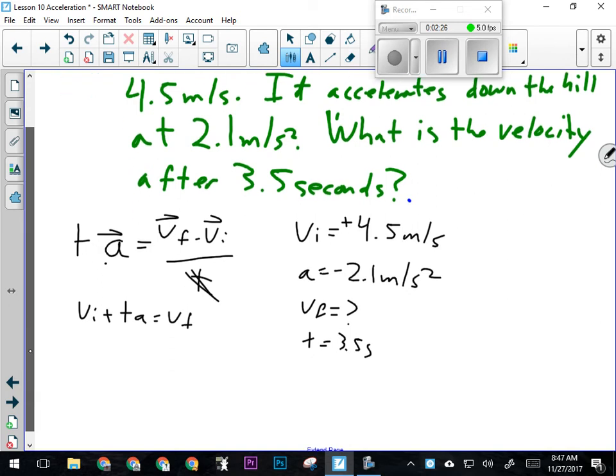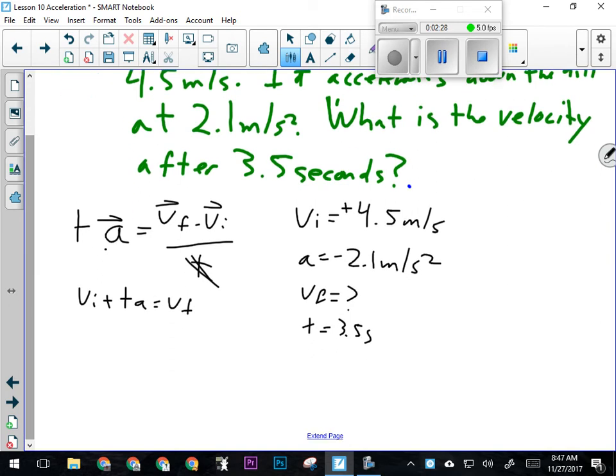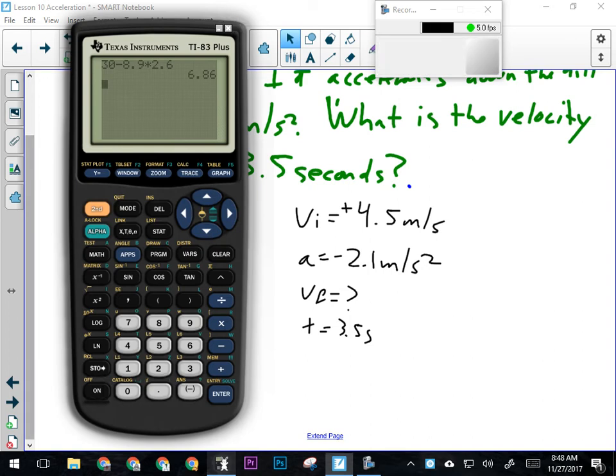Now I just need to plug in my numbers. So VI, we said, was positive 4.5 plus 3.5 seconds times negative 2.1 meters per second squared. So 4.5 plus 3.5 times negative 2.1. Is it going to be moving up or down? It should be moving down the hill.